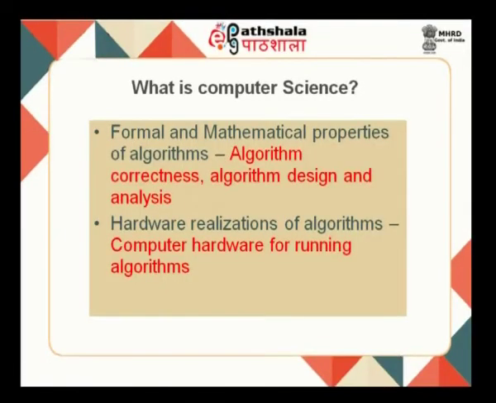The second aspect is the hardware realization of algorithms. These aspects include the computer hardware for running algorithms like sequential or parallel machines, etc. What is meant by the linguistic realization of algorithms?